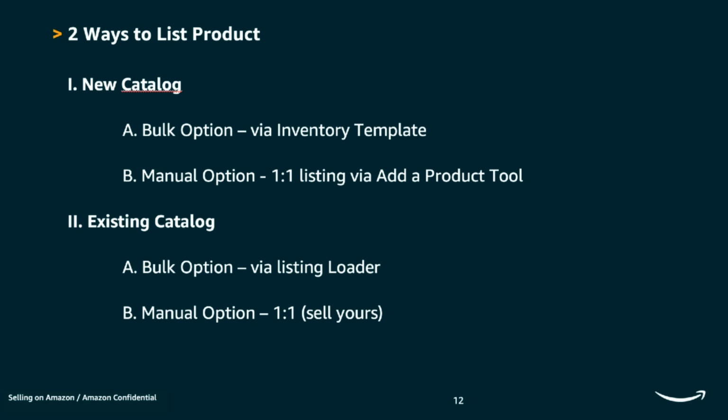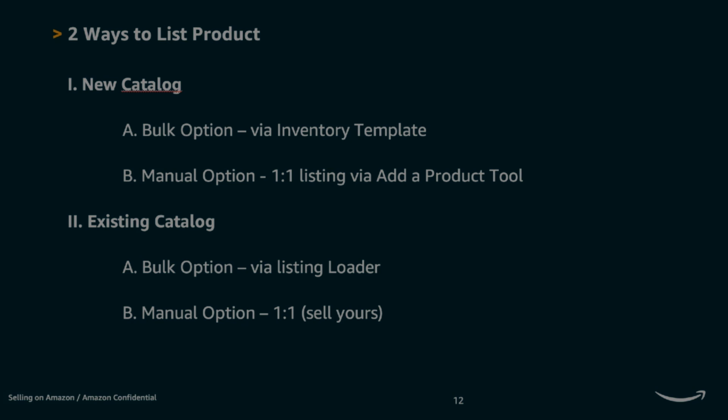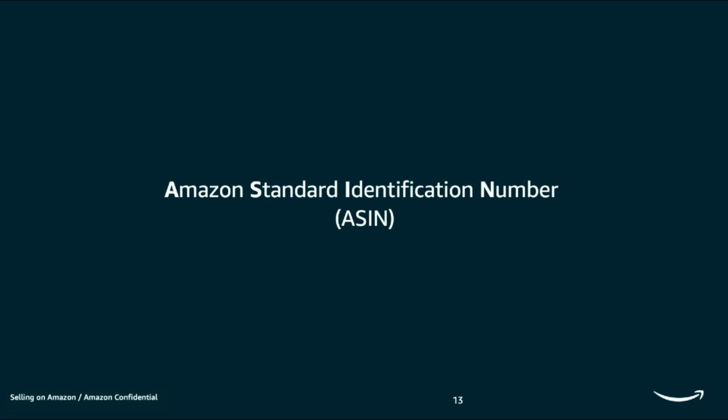If the item is already existing on the website, you need to use the existing catalog. When I say existing catalog, each catalog or product page in Amazon has a unique number assigned that we call ASIN, which stands for Amazon Standard Identification Number.